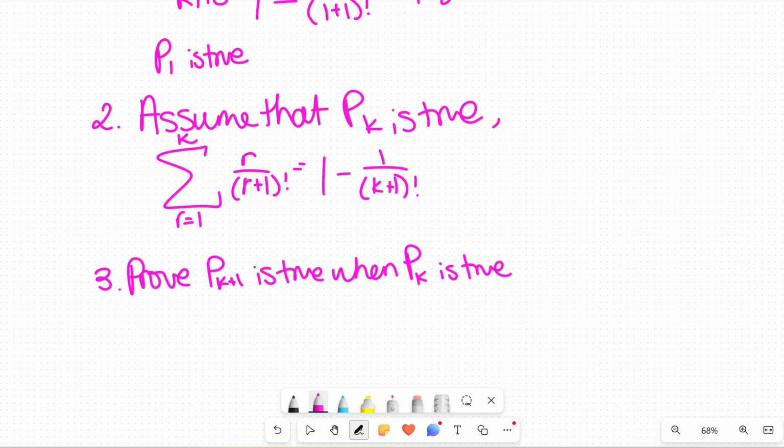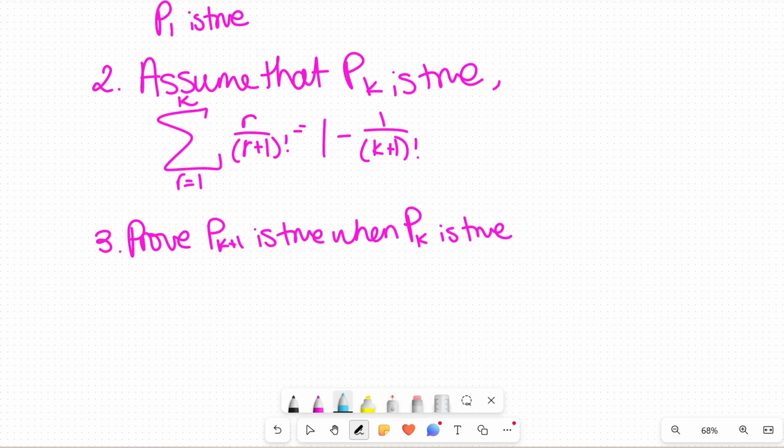My right-hand side gives me the pattern that this follows. So if I want to represent P of k plus 1, I can rewrite this as the sum from r equals 1 to k plus 1 of r over (r plus 1) factorial.